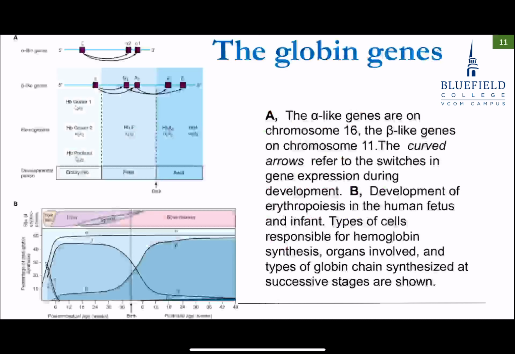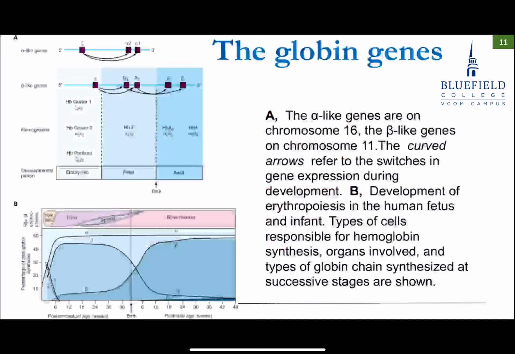So this is the order: zeta, alpha 1, alpha 2, and alpha 1. And this order actually reflects pretty well the timing of expression of these genes and production of the proteins respectively. So first, Gower 2, Gower 1 and Portland are expressed from this zeta gene.